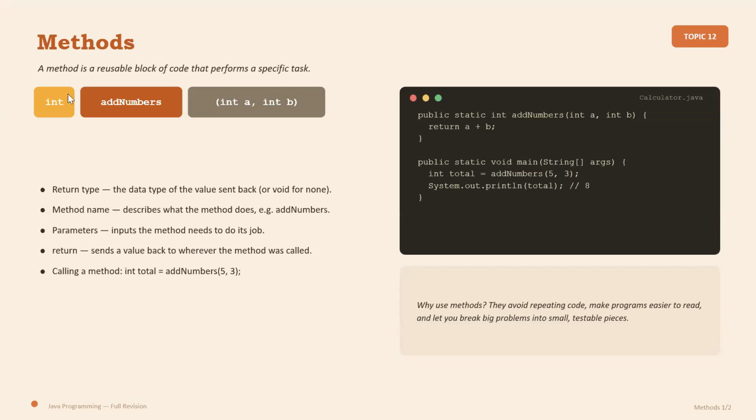So here I'm trying to add two integers, a and b. So my output will be an integer. So int a comma int b are the parameters, inputs required by the method.